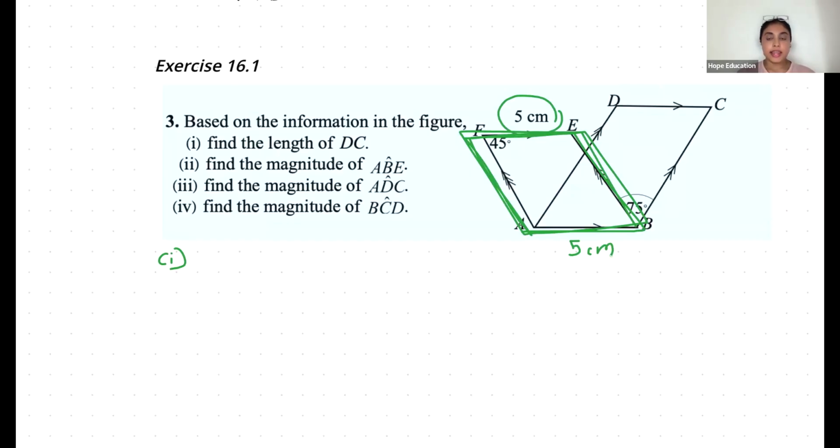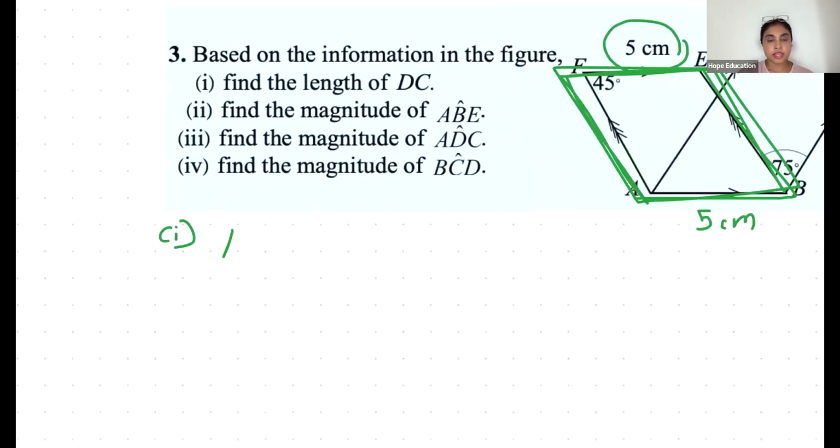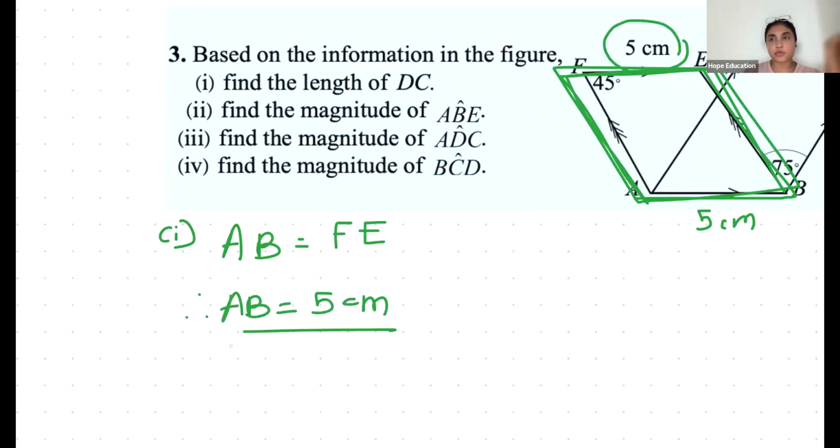So we can write AB equals FE. You don't have to write the reasons for now. FE is 5 centimeters, therefore AB is also 5 centimeters.